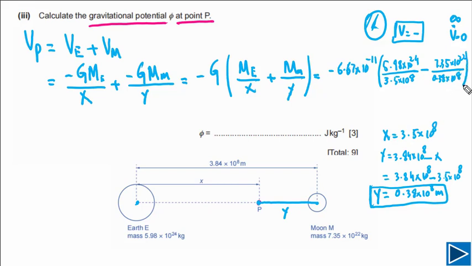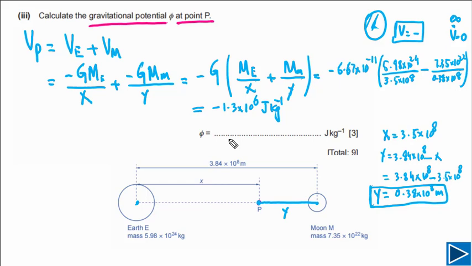Now we simply need to calculate. If we do the calculation, our final answer will be negative 1.3 times 10 to the 6, and this is joules per kg.